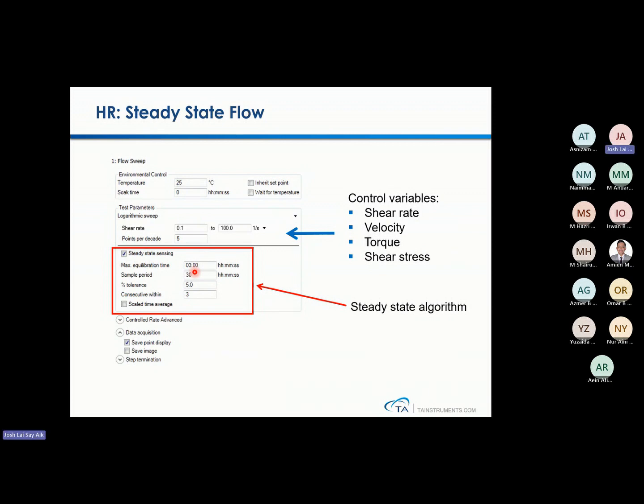Okay, if no matter how the instrument collects the points, they are still not within 5%, it will collect data at the maximum equilibration time, which is 3 minutes for this single point.